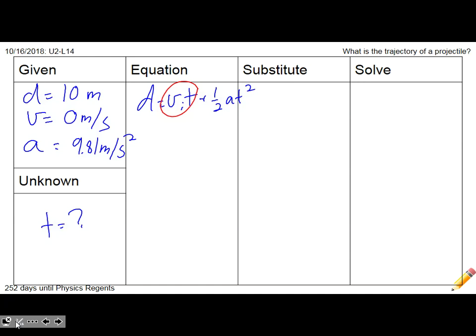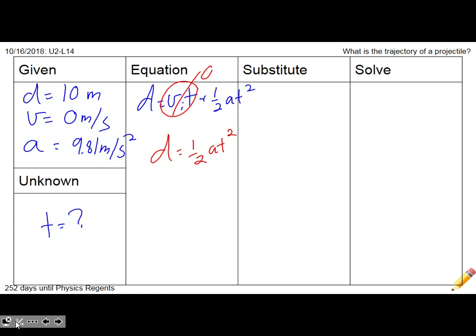It's equal to 0. Why is it equal to 0? Because it starts at rest. V initial is 0. And remember, if you multiply two numbers and one of them is 0, the whole thing is 0. Okay, so now we have d equals 1/2 a t squared.